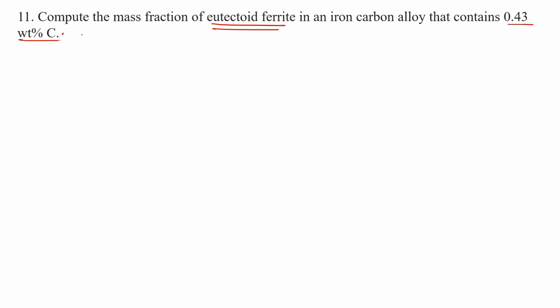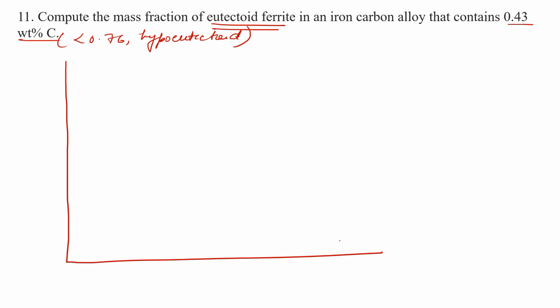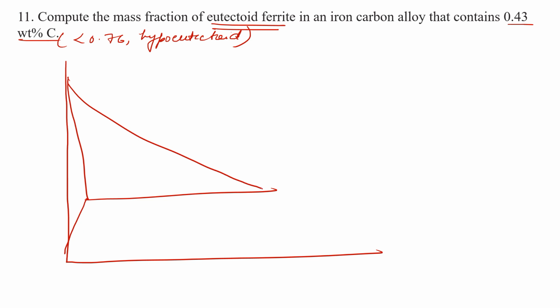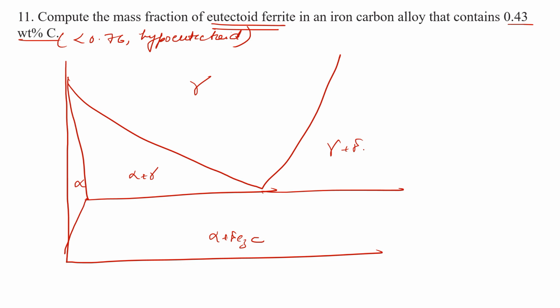So 0.43 is less than 0.76, so it is a hypoeutectoid alloy. So we should be somewhere here.